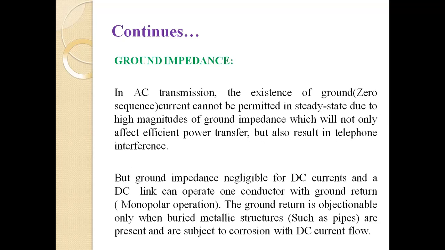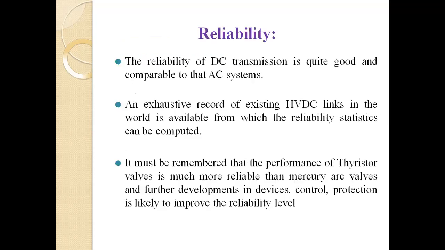But ground impedance is negligible for DC current, and a DC link can operate with one conductor with ground return in the case of monopolar operation. The ground return is objectionable only when buried metallic structures such as pipes are present and are subject to corrosion with the DC current flow.